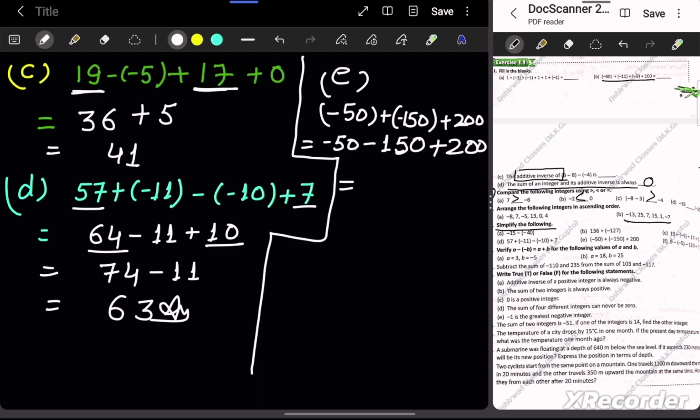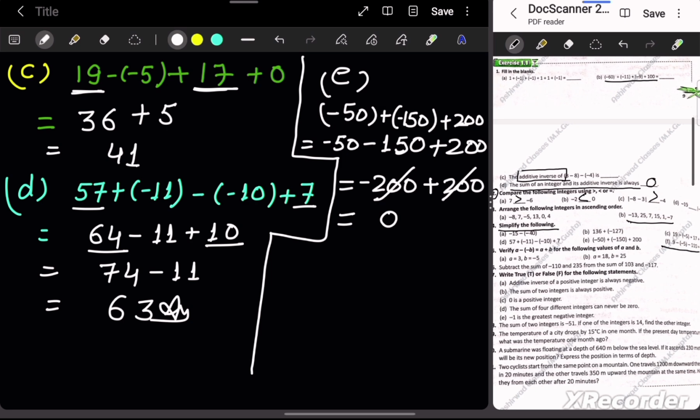So first of all, what is the sum of minus 50 and minus 150? Minus 200. Plus 200. Here one number is negative and one number is positive, so the additive inverse of 200 is minus 200. Now we cancel. Answer is 0.